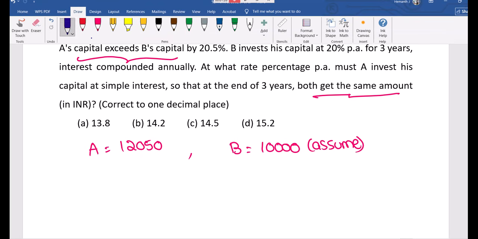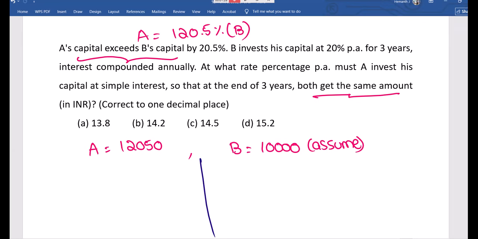What is B's amount after 3 years? The shortcut I find: the compound amount of B is 10,000 into 120% whole cube. Why 120%? 20% compound interest, whole cube, will give 17,280.